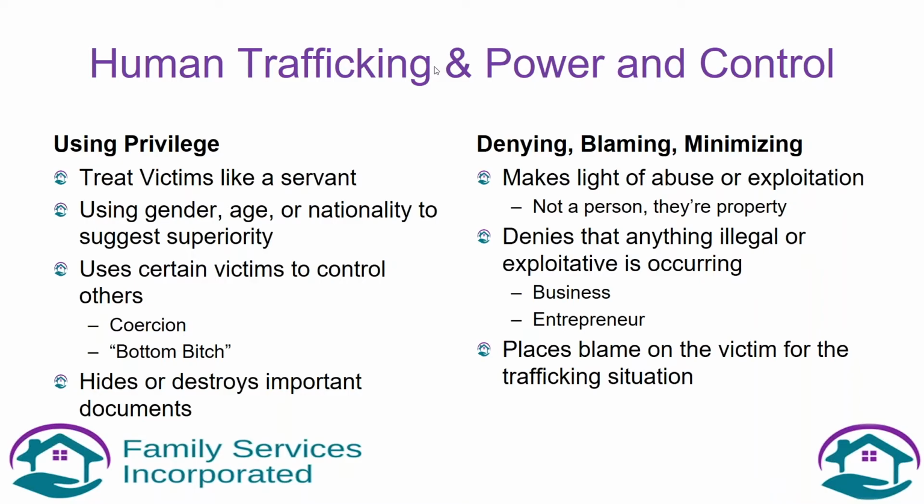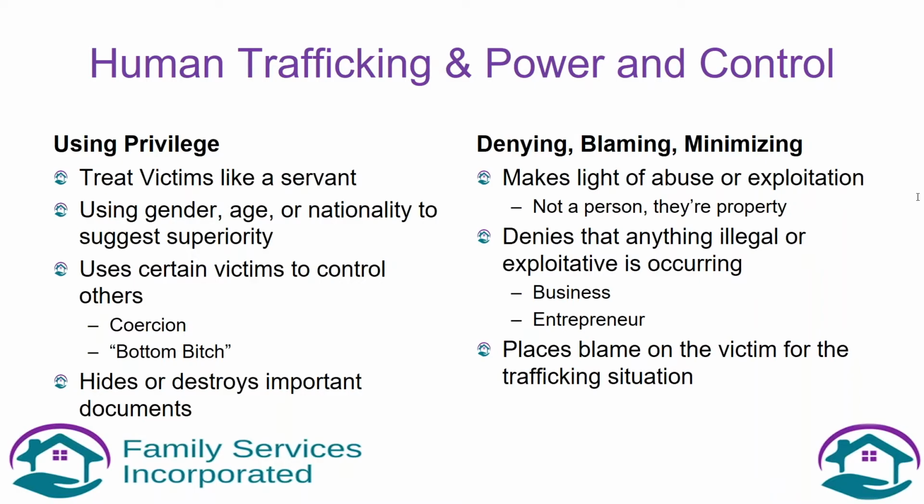They use certain victims to control others through coercion or through the bottom bitch. That victim who has been in a life long enough that they're now the right-hand man or woman of the trafficker. They're going to use that victim to control other victims. They're also going to hide or destroy important documents.